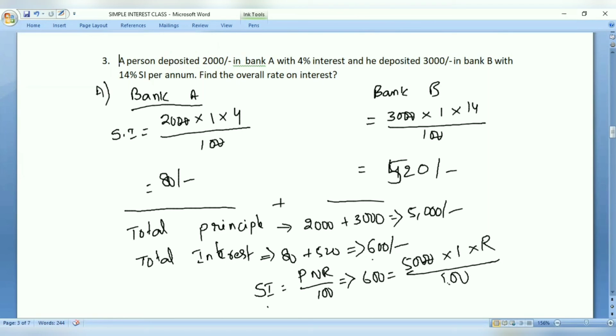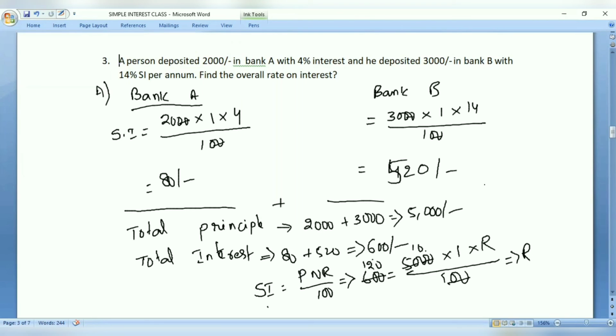So two zeros cancel, 5 ones are 5, then 5 tens are 50. So 120 divided by 10 means 12. So what is the rate of interest?